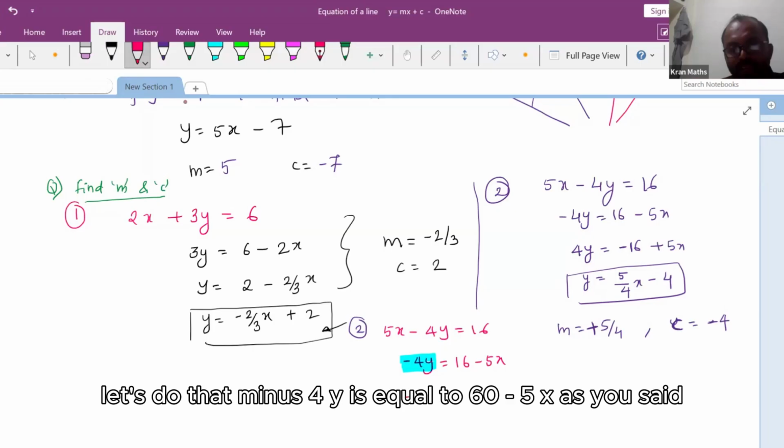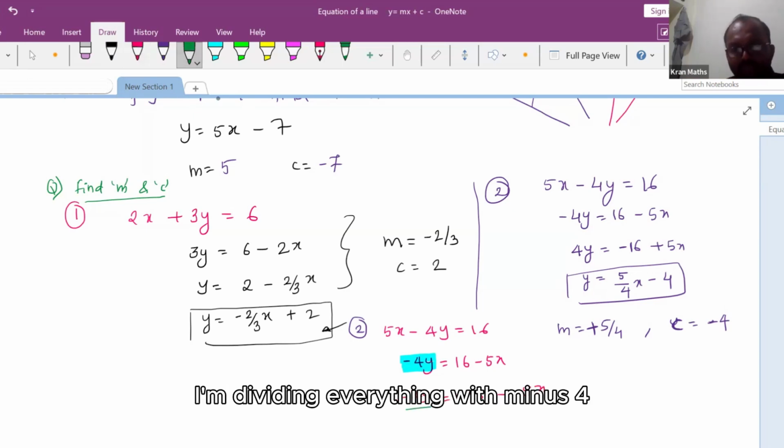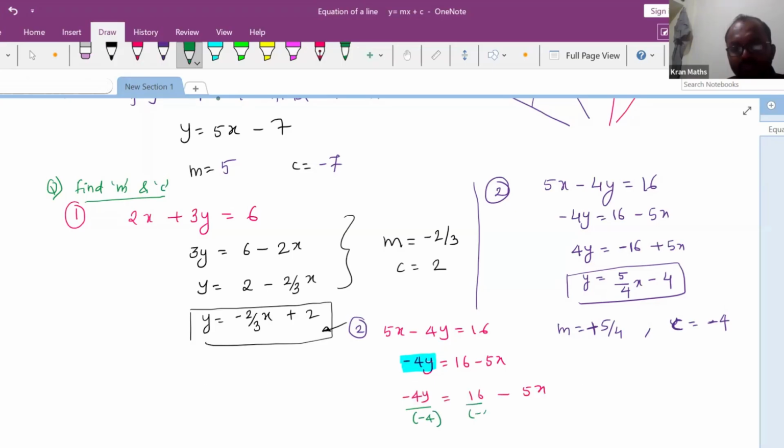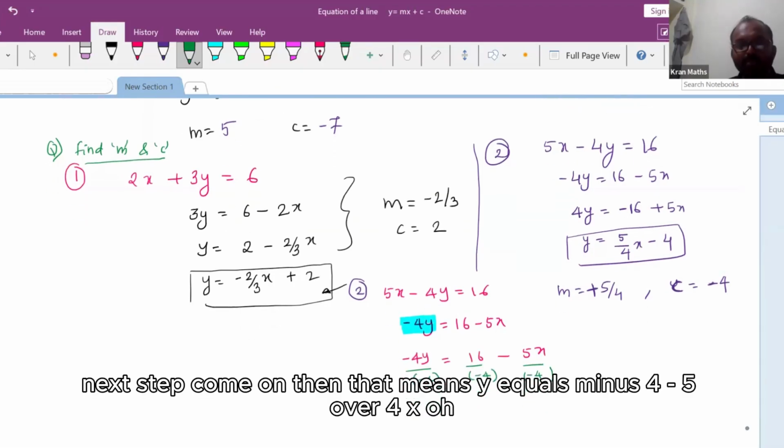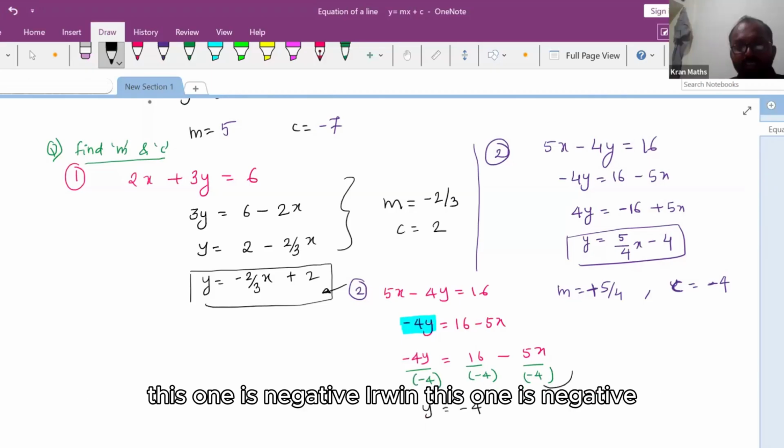Okay, let's do that. Minus 4y is equal to 16 minus 5x. As you said, I'm dividing everything by minus 4. Okay. Next step, come on. Then that means y equals minus 4 minus 5 over 4x. Oh, this one is negative, Arvind.